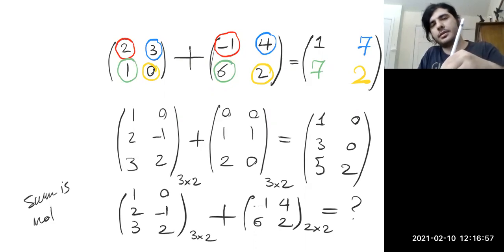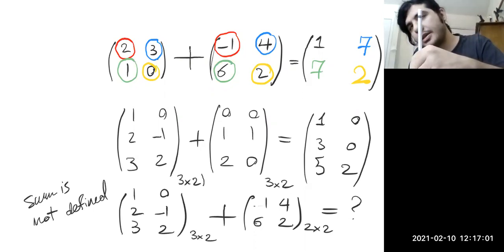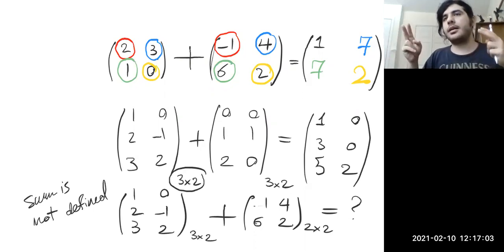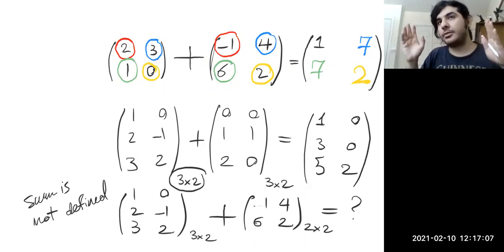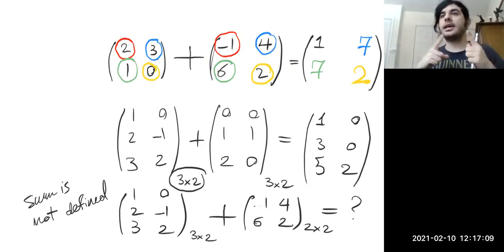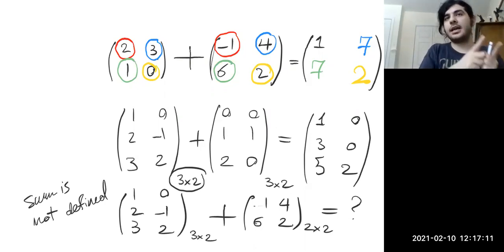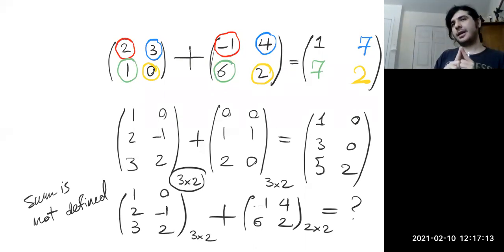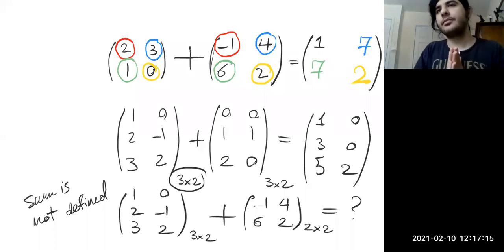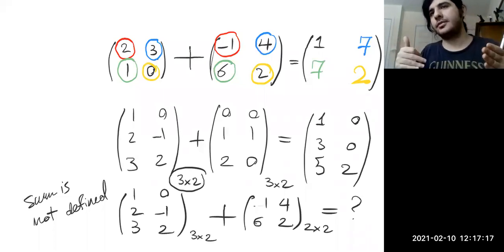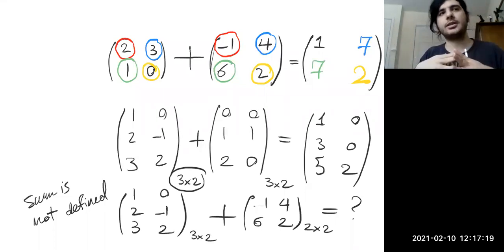These numbers, 3 by 2, are called the dimension of the matrix. We can only have the addition of two matrices if the number of rows are the same and the number of columns are also the same. Okay. And then the definition of this sum is as straightforward as you can see.